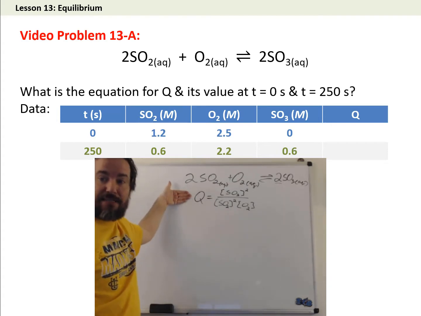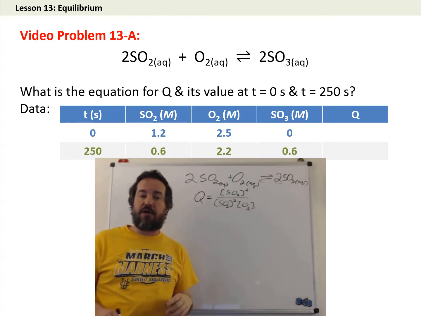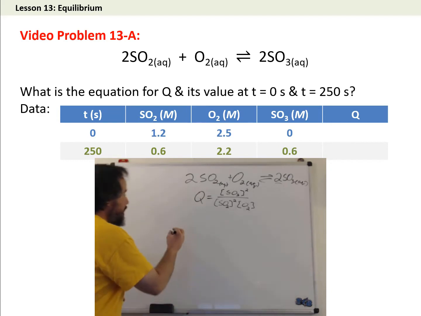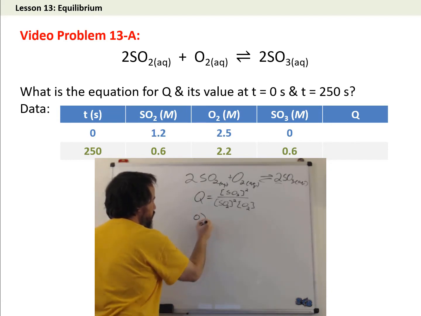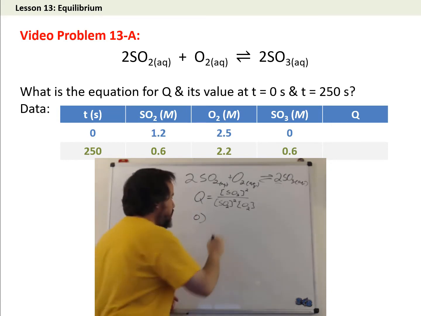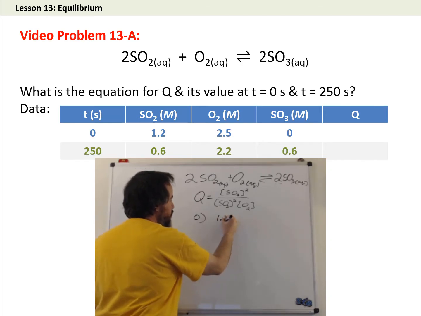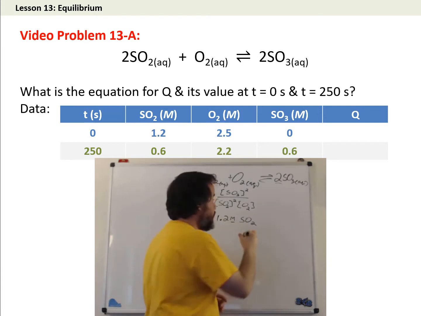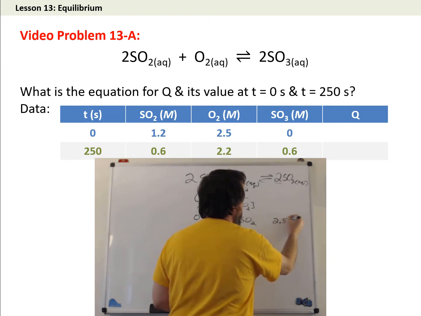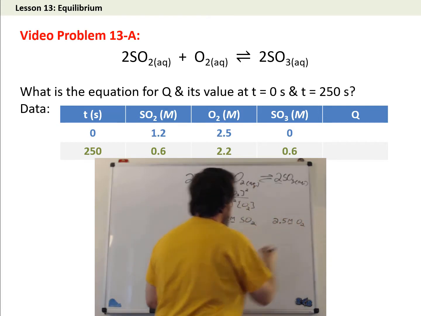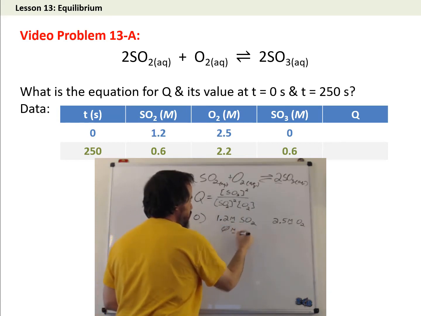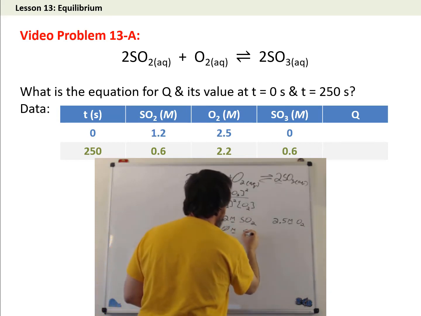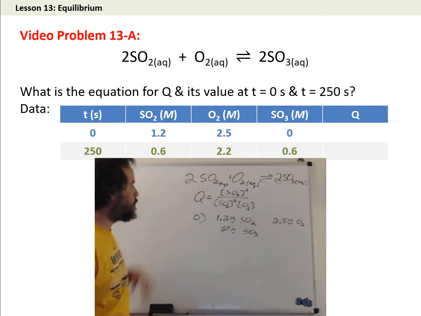I'm going to use this for those 2 time periods that I have there. At time equals 0, we're told that we have 1.2 molar SO2, 2.5 molar O2, and 0 molar SO3. So now I can just plug these in.